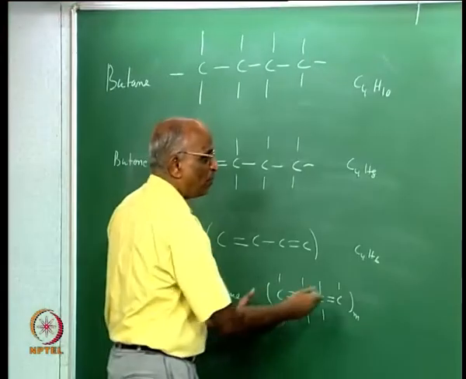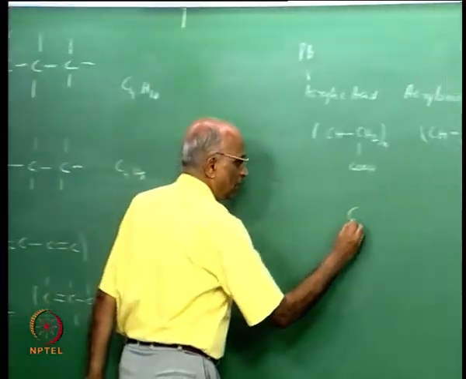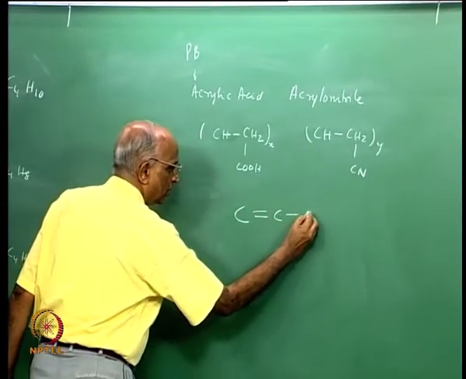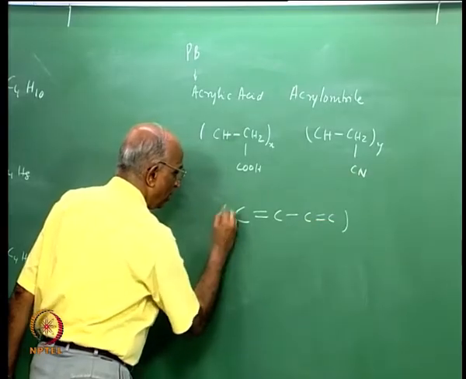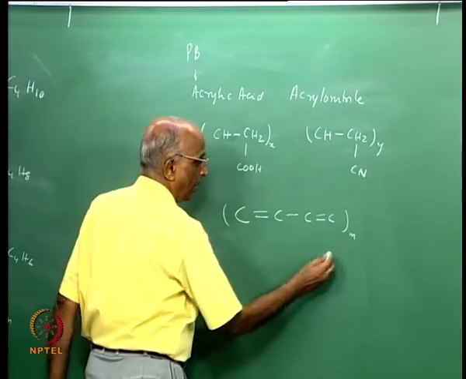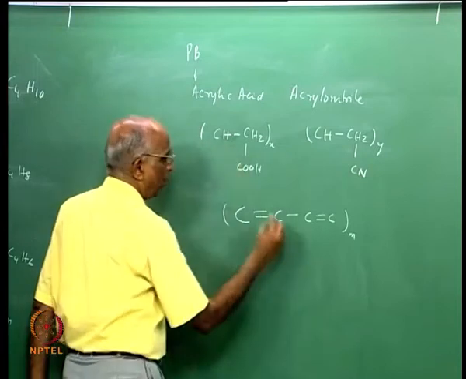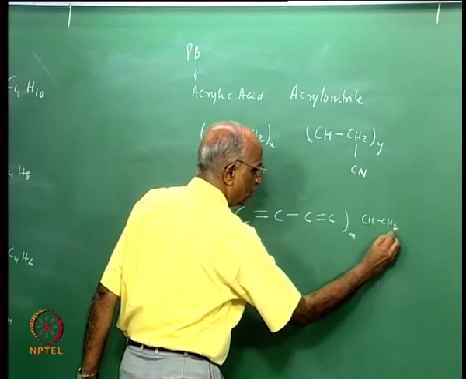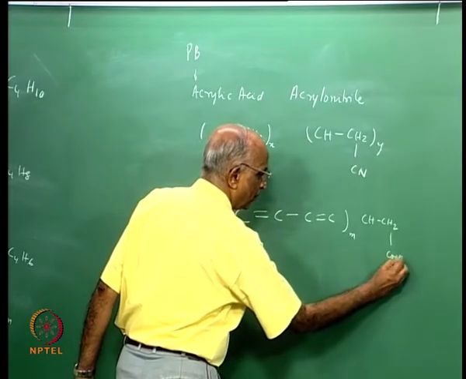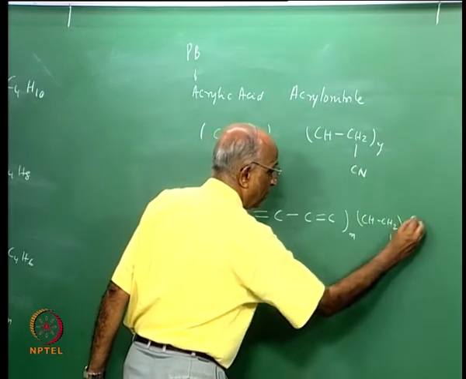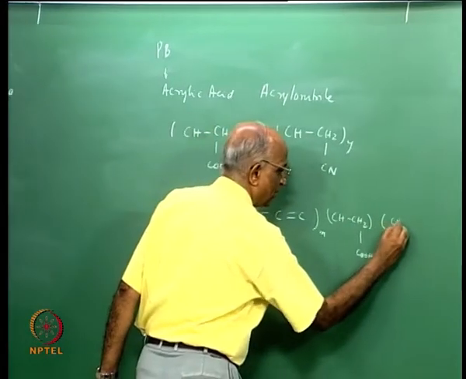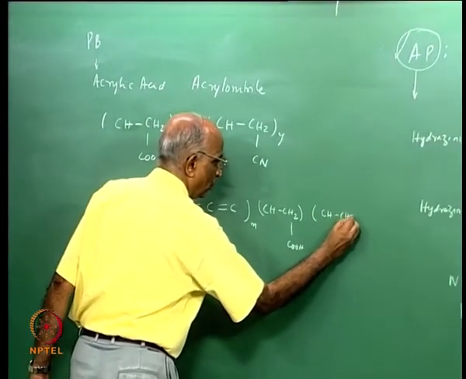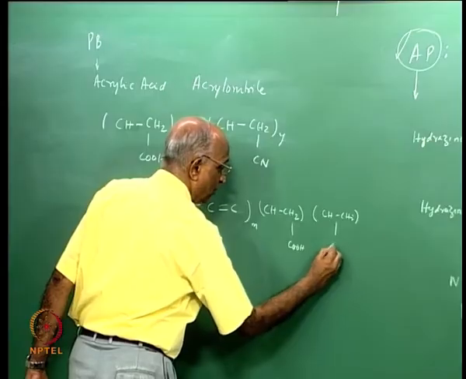I have this chain of polybutadiene C, C, C, this is a polybutadiene molecule M. At the end of the chain I put an acrylic acid CH, CH2, COOH, maybe a few of them, then I put something like CH, CH2 and I have CN over here.